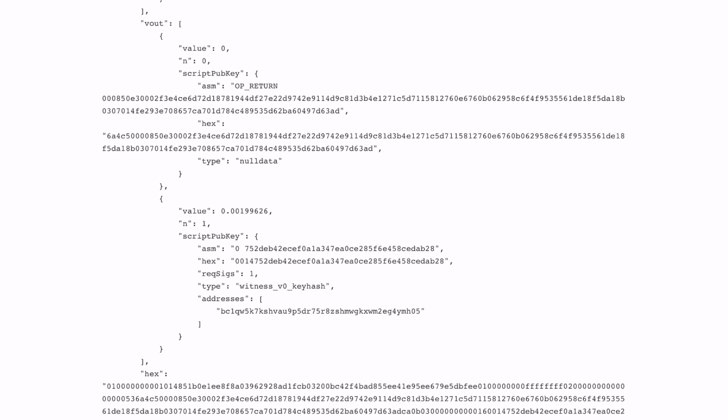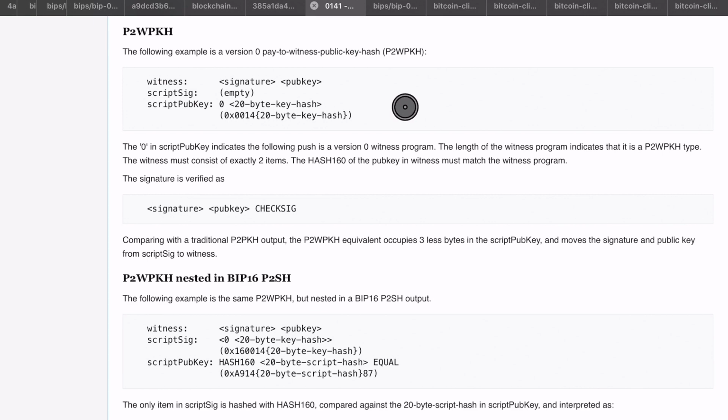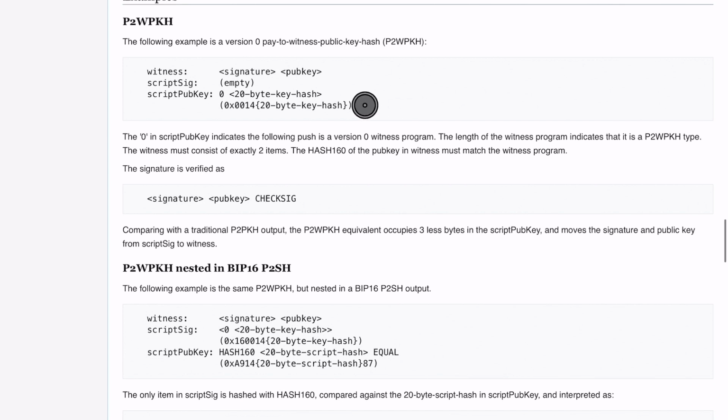So we can take a look at BIP 141, and the transaction we just saw is this one, pay to witness public key hash. In the script public key, the format is 0 and this 20-byte key hash, and this is the output. And in the input, this is the output in the previous transaction, and the input witness is only a signature and public key, and the script sig is empty.